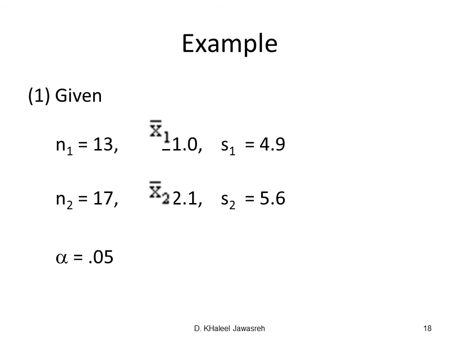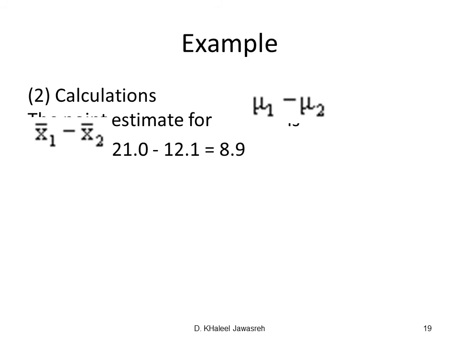Return back two or three slides to this equation, and you can also go back to the previous lecture to understand 0.05, where we get it from, and how we assume alpha is 0.05 or 95%, which is 1 minus alpha. Okay, now the calculations. The point estimate for mu1 minus mu2 is x bar 1 minus x bar 2.